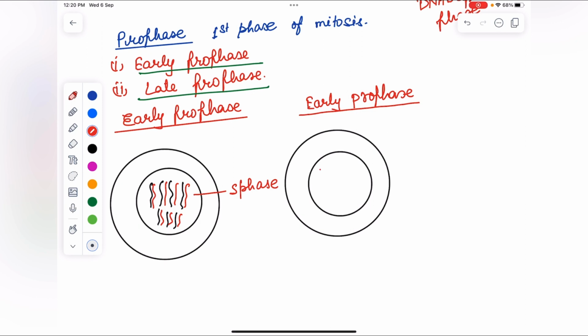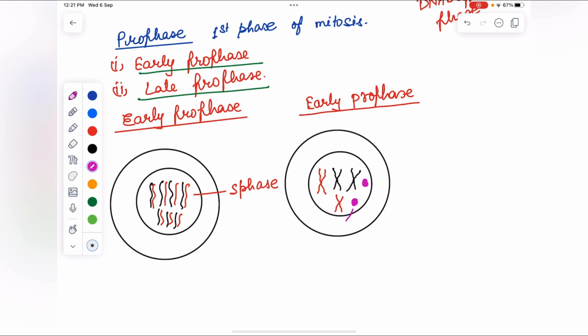So the first step in early prophase is that the chromatin fibers start condensing. And the centrosome, which underwent duplication in the S phase of interphase, now begins to move towards the opposite poles.